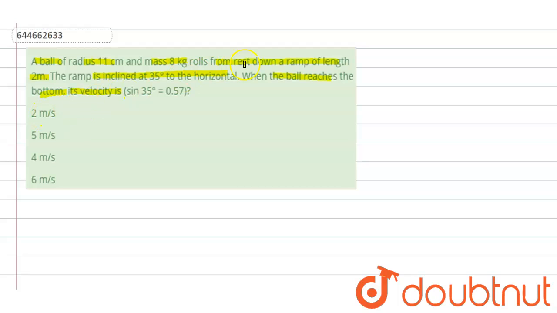So in this question, it is written that there is an inclined plane, and this inclined plane is of length 2 meter and with an angle theta.